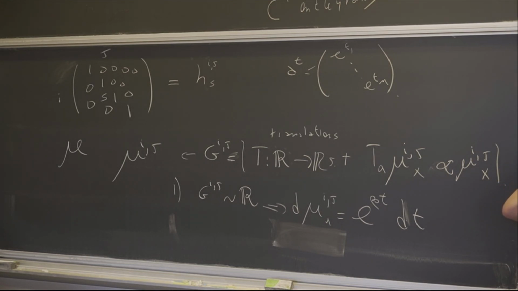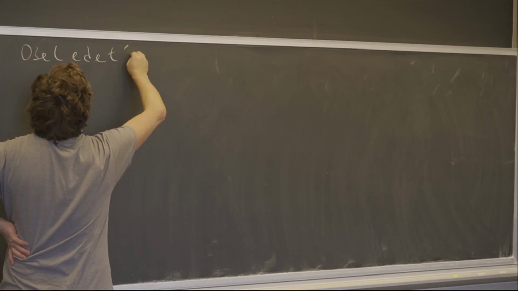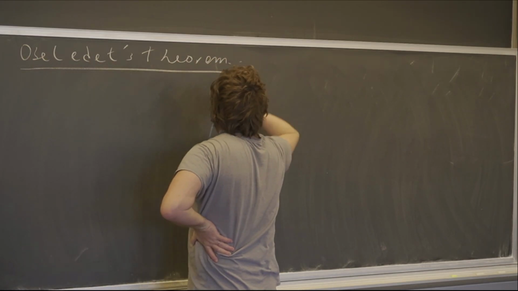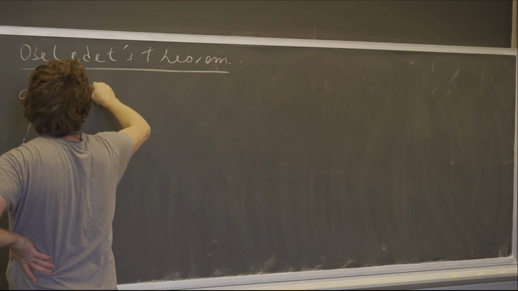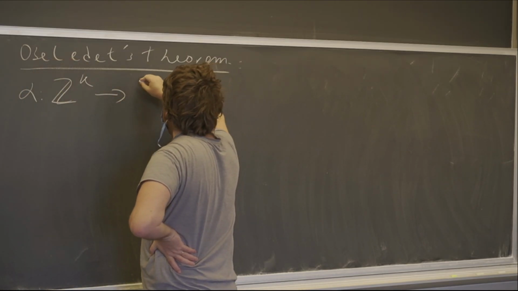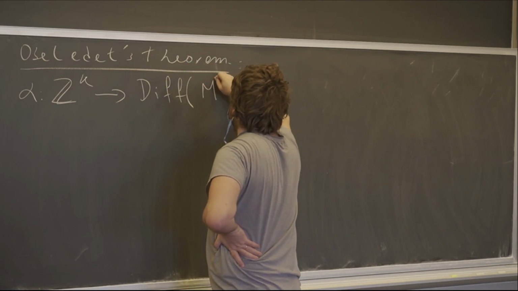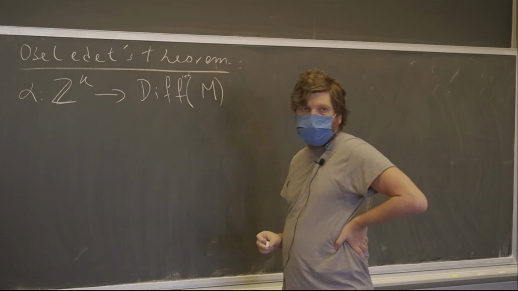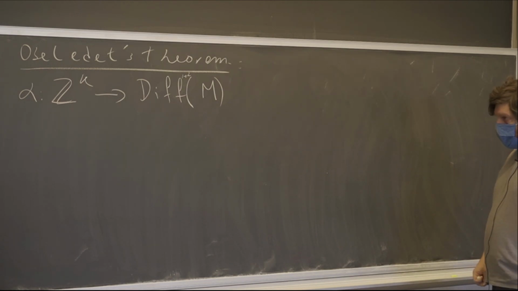So first, what does Oseledets' theorem say? Oseledets' theorem. So now we have an action alpha of Z^k or R^k. I like the integers, but R^k will not make any difference. Say C^{1+Holder}. You don't need C^{1+Holder} to apply Oseledets, just C^1 will do. And actually, it's very explicit.